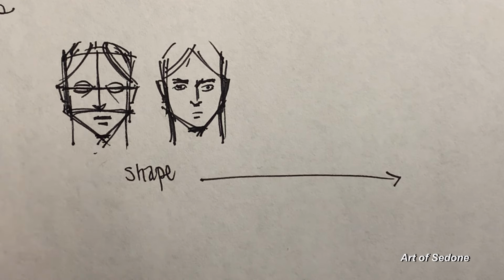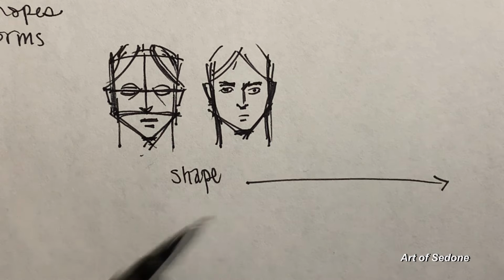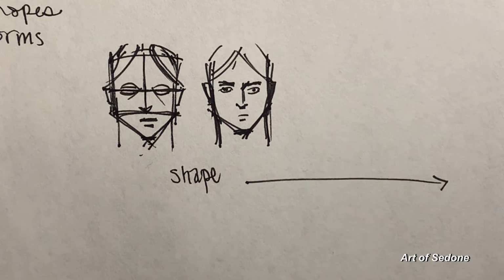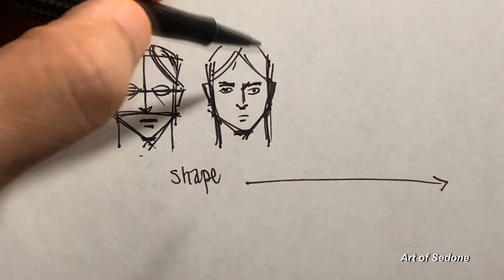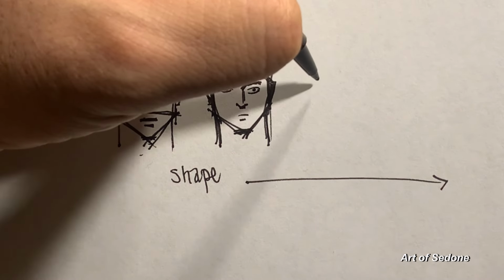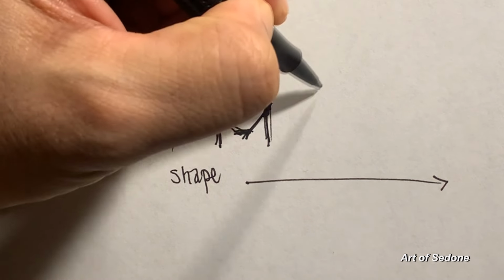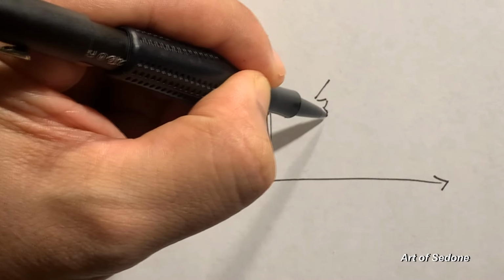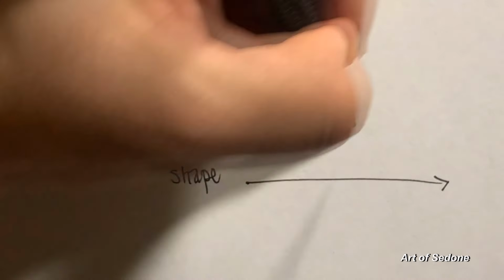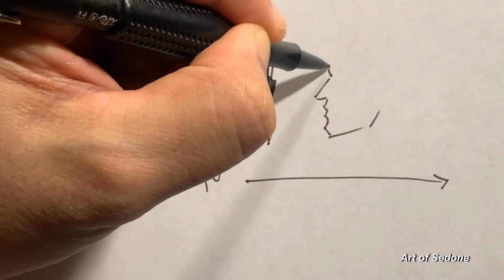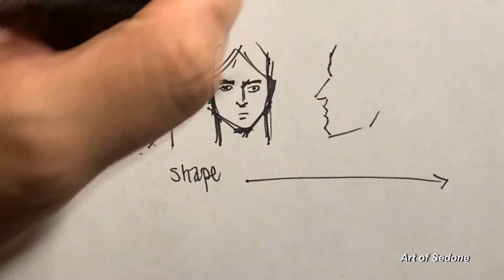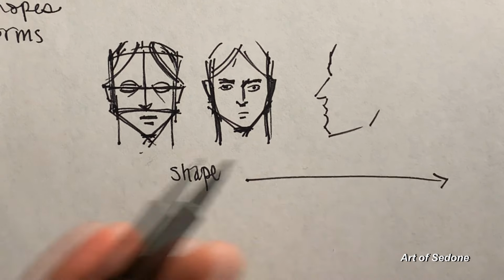For example, from this front view, the shape is the big thing, kind of like with the profile. Shapes are the big thing. So an example is in a profile, the shape could be maybe like this, and it looks different.